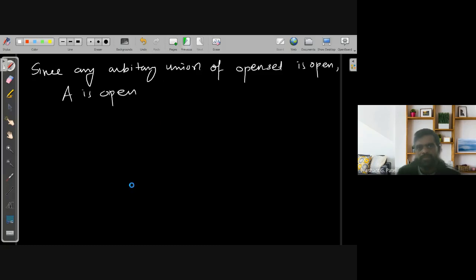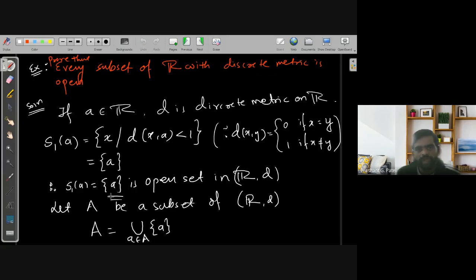Due to that, because every singleton set is open in this space. So it proves that every subset of R with a discrete metric is an open subset of R.